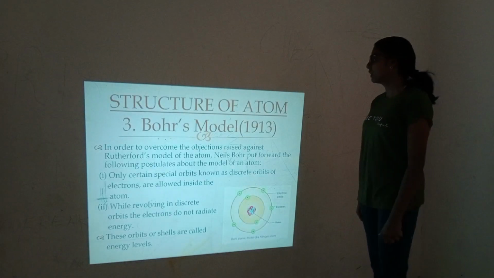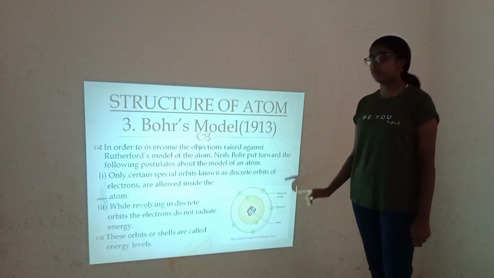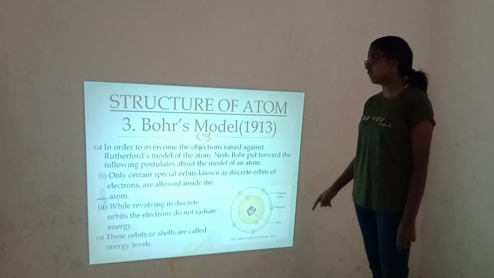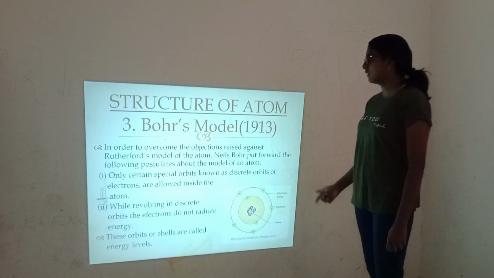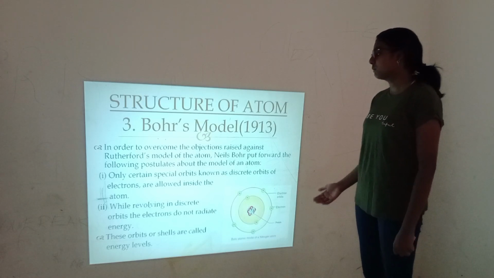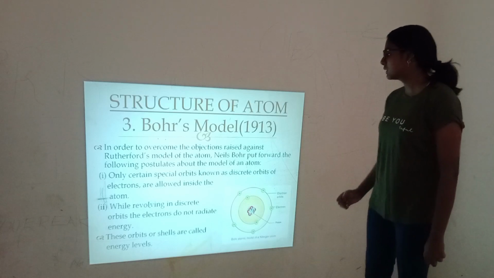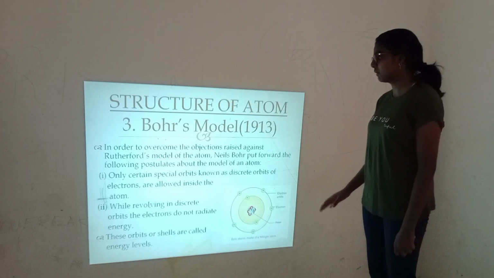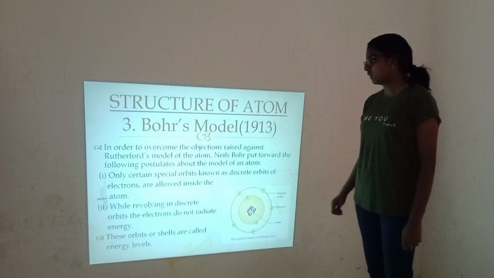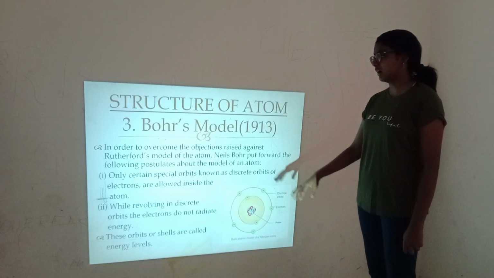Next, we have Bohr's model, which was given by Bohr the year after Rutherford's model, which means 1913. In order to overcome the objections raised against Rutherford's model of the atom, Niels Bohr put forward the following postulates about the model of an atom.